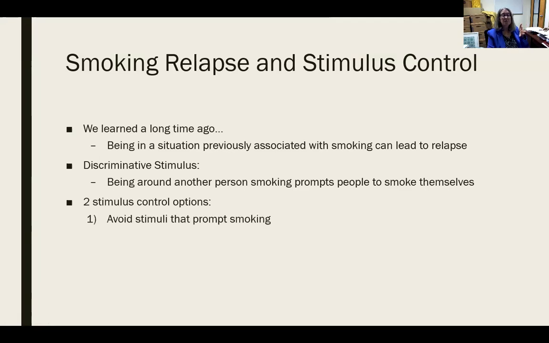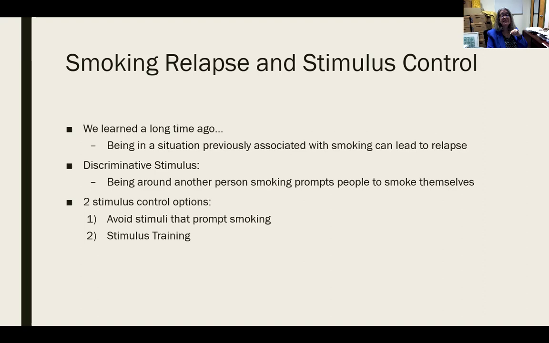Now there are two stimulus control options. You can avoid stimuli that prompt smoking. Well, that's going to be really hard. That means you have to avoid anyone who is smoking, avoid places where people do smoke, and avoid seeing cigarettes in a store. It's going to be really hard. There are a lot of stimuli that prompt smoking that were associated with that smoking habit you had.